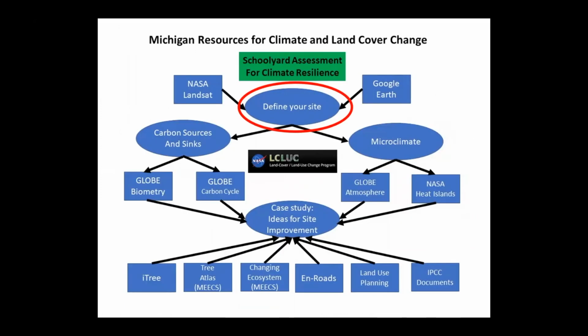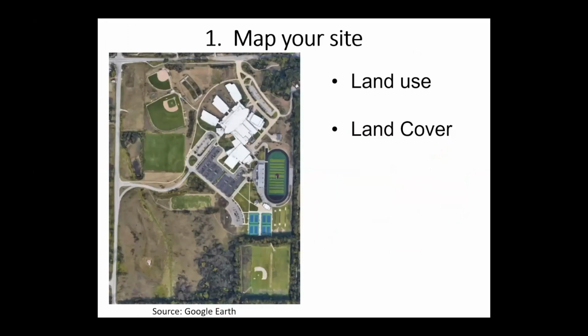First thing then in our diagram is to find your site. And you could then work through mapping the site, your land use and land cover. And here's an example of, I don't know if anybody knows where that is, but it is a school in the Forest Hills area.